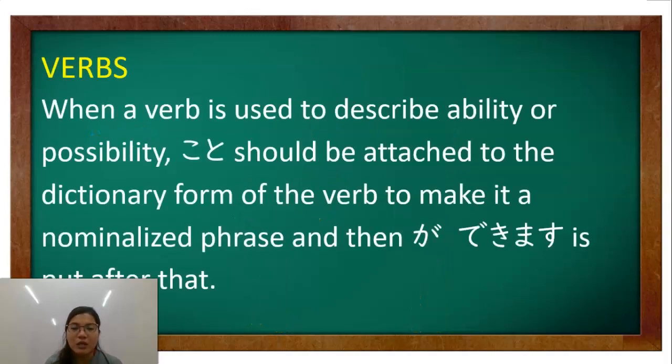Okay? When a verb is used to describe ability or possibility, koto should be attached to the dictionary form of the verb to make it a nominalized phrase, and then ga dekimasu is put after it. So gagawin mong dictionary form si verb bago mo lagyan siya ng koto, and then you add ga dekimasu.